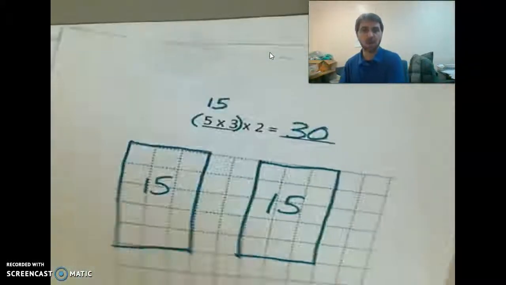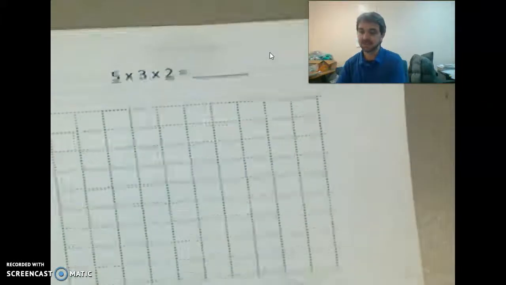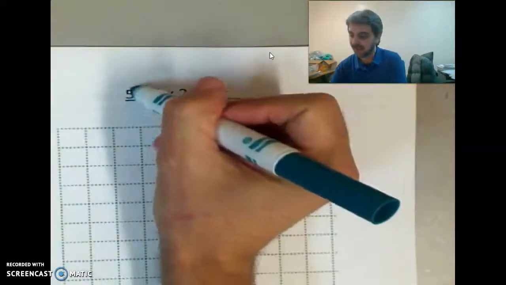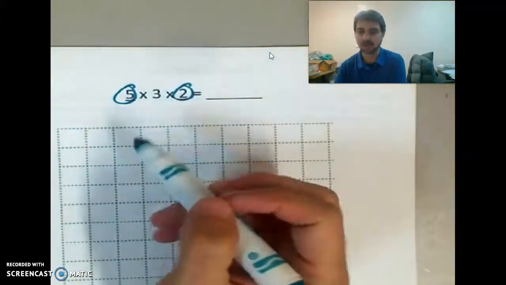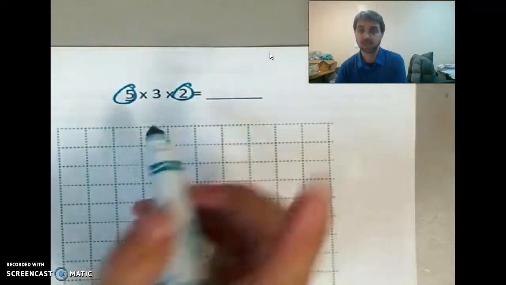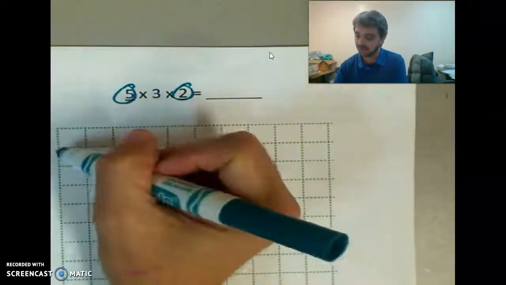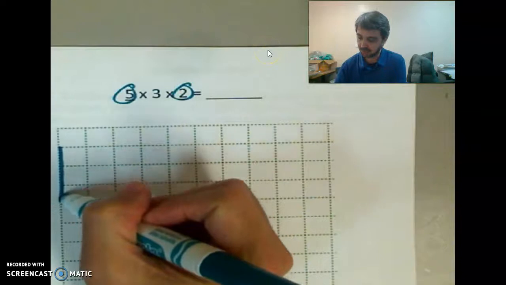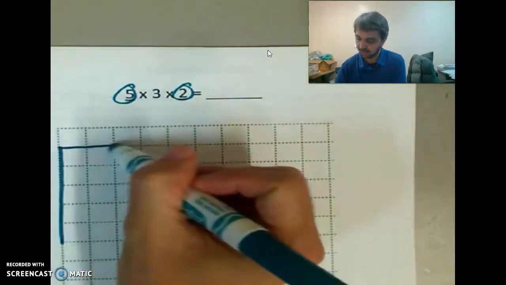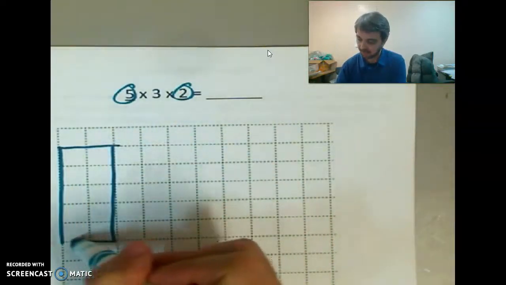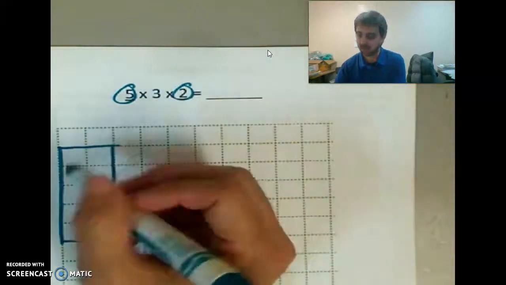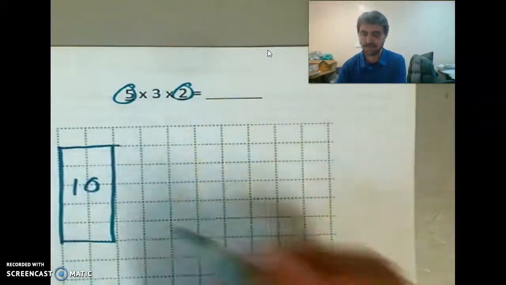Okay, let's try one more. This time, the 5 and the 2 are underlined. Okay, so I'm going to do that first. I'm going to do 5 rows of 2. 1, 2, 3, 4, 5. 5 rows of 2. Okay, and I know that 5 times 2 is 10. 5, 10.